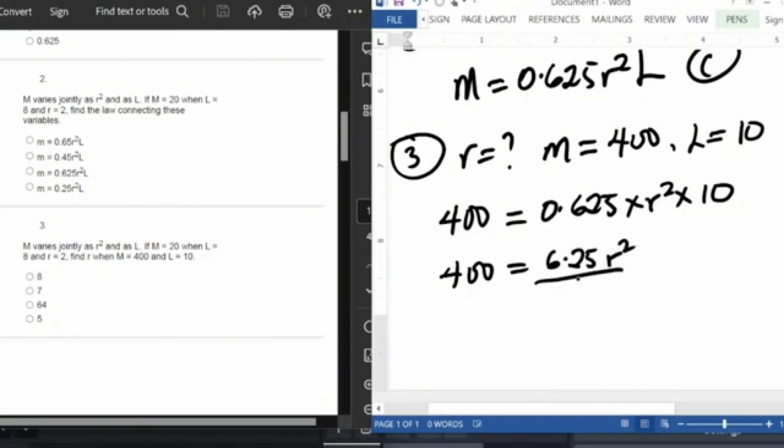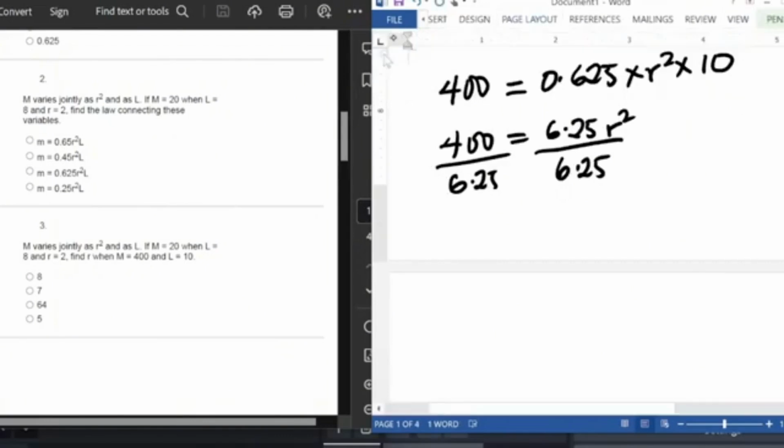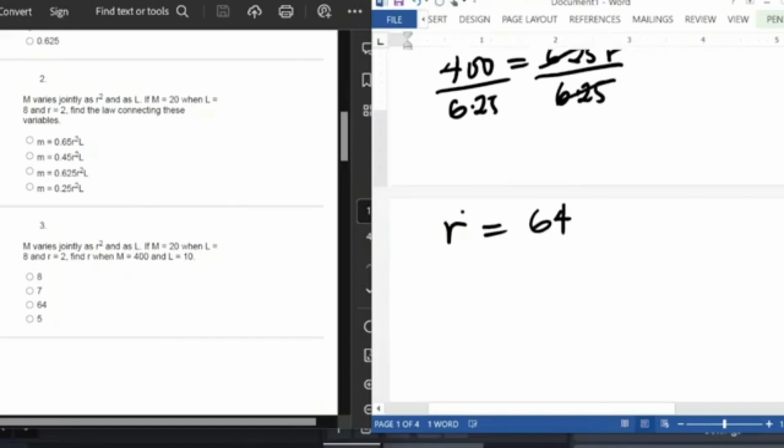So divide both sides by 6.25. We cancel this, so r squared will then be, when you divide 400 by 6.25, 64.